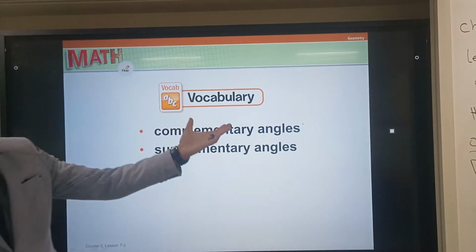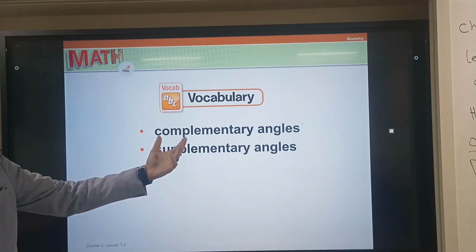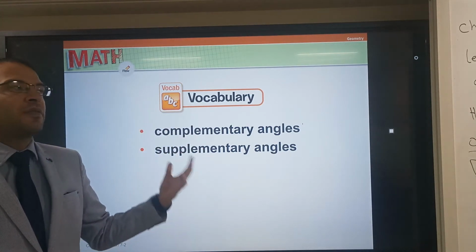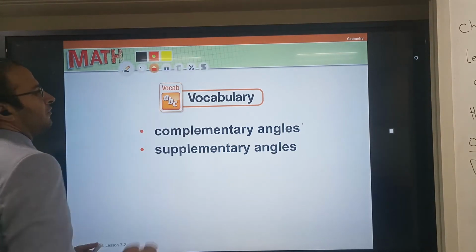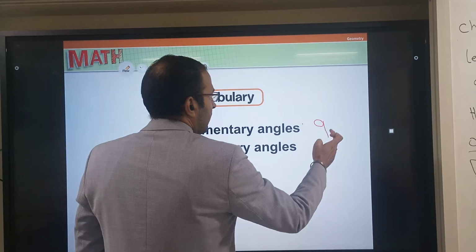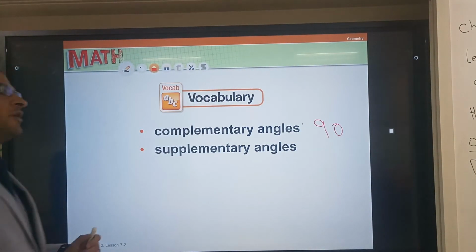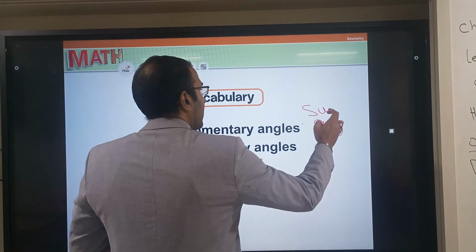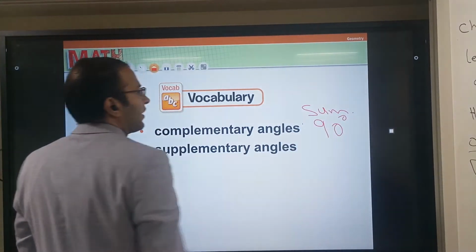So our vocabulary today will be complementary angle and supplementary angle. We said the meaning of complementary, my friend, is that the sum of them is equal to 90 degrees, not anything else. Don't forget the degree.